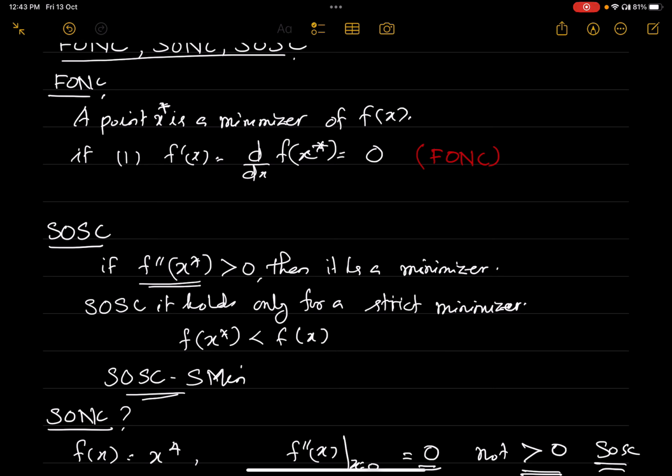Now we extend our idea further to the domain of the function being Rn, which we'll deal with in the next lecture.